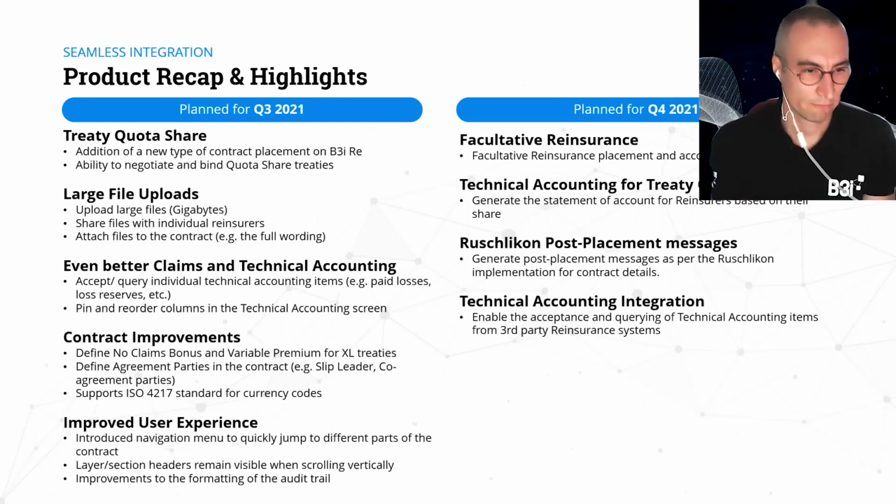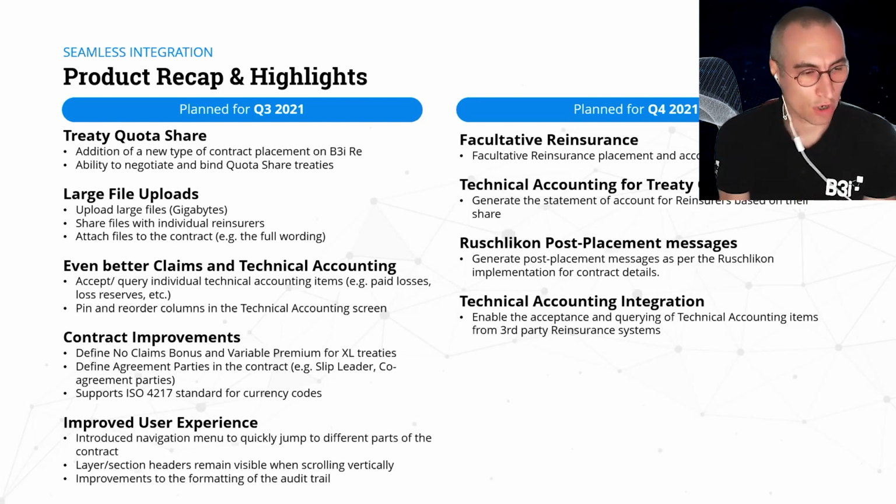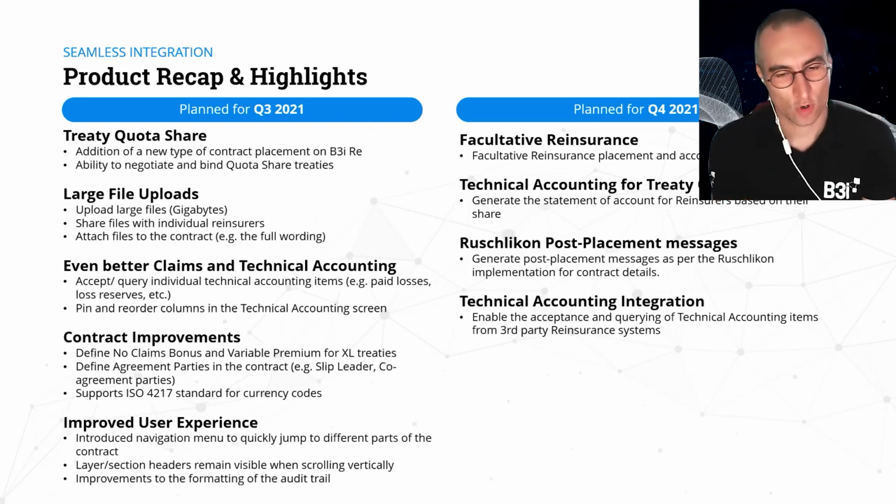And then we will be advancing our capabilities on the technical accounting, improving features, and supporting more workflows around single accounting items. Quite a challenging roadmap ahead of us, and more things will come, more products.